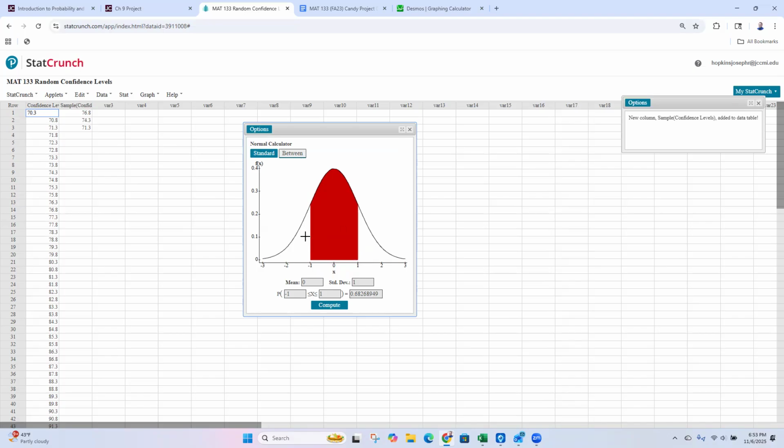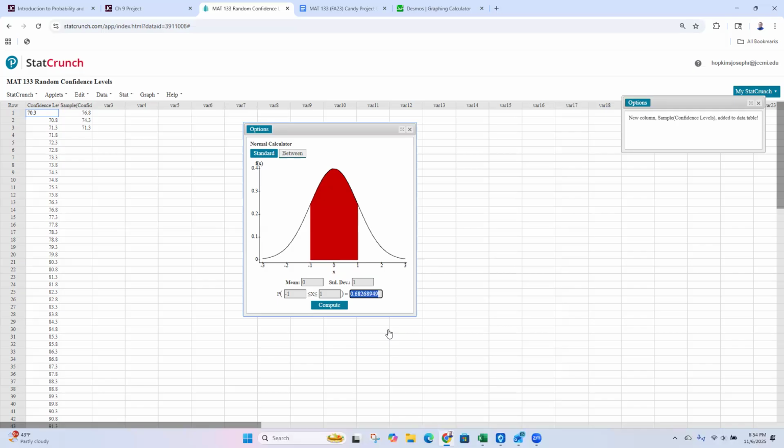The red part in here is going to represent my confidence level. The white part on the outside, that represents alpha. Alpha is not my confidence level, that's my error, okay? And it's alpha over 2 because there's 2 sides, there's 2 white parts, okay?